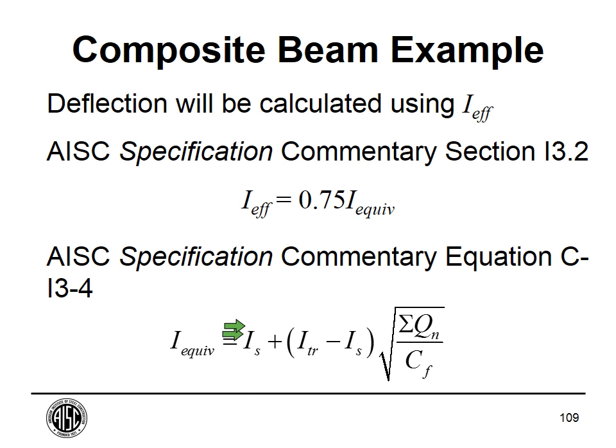I sub S is the moment of inertia of the steel section, the bare steel section without concrete. I sub TR is the transformed section moment of inertia, including concrete. We know what the stud strength is, sum of Q sub N, and C sub F is the compression load in the concrete, assuming full composite action.